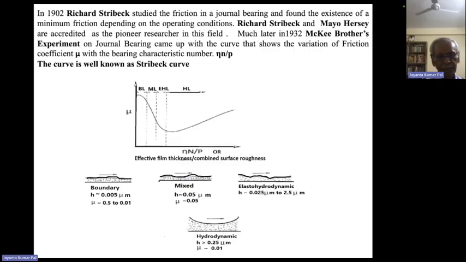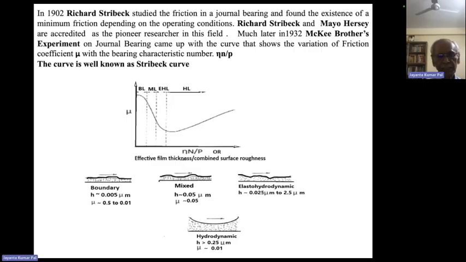And here the film thickness is of the order of 0.05 micron, and coefficient of friction is of the order of 0.05. Then comes another lubrication mode called elastohydrodynamic lubrication.